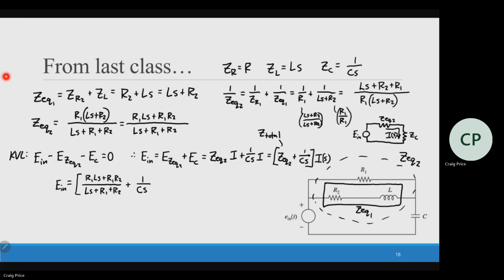Okay, so more algebra. So I'm going to multiply this by CS over CS, and I'm going to multiply this by LS plus R1 plus R2 over LS plus R1 plus R2.